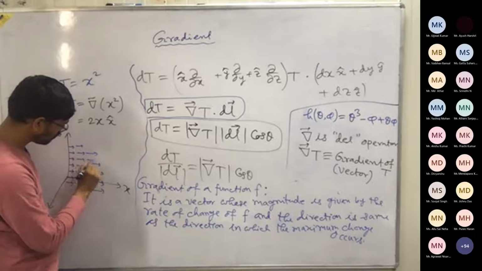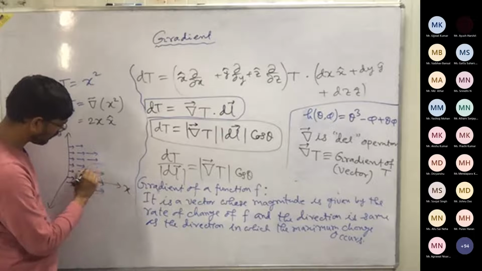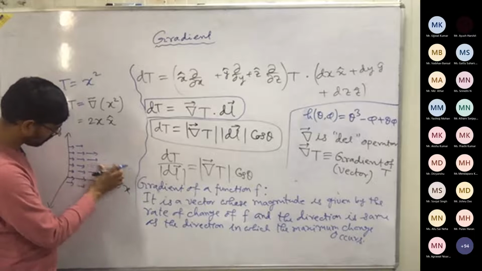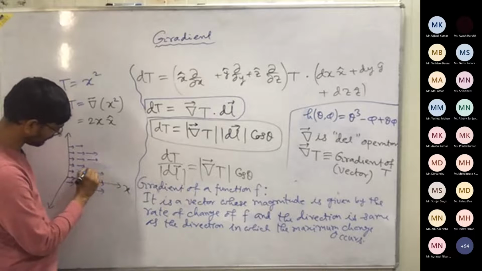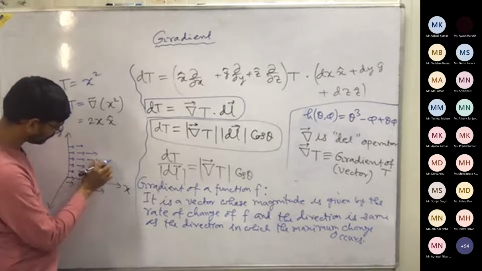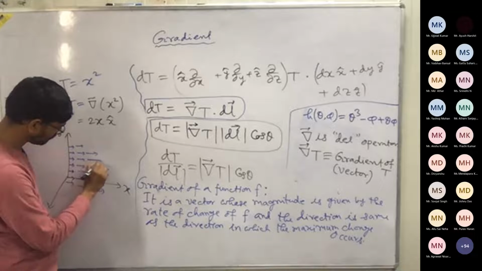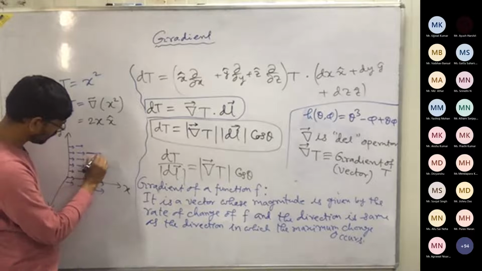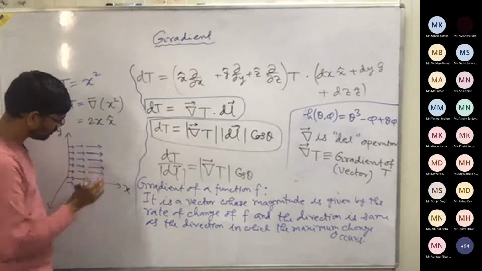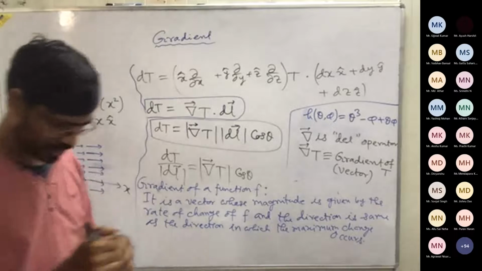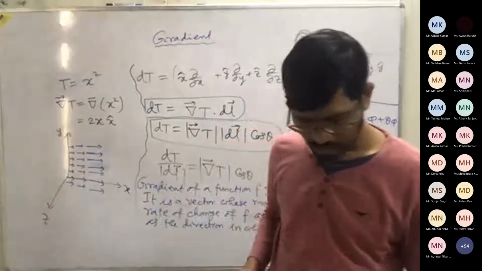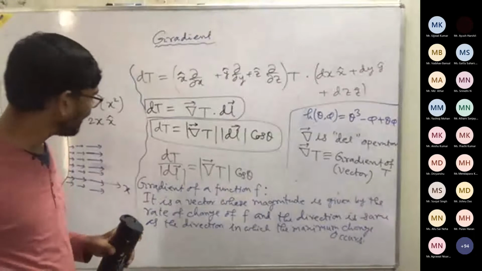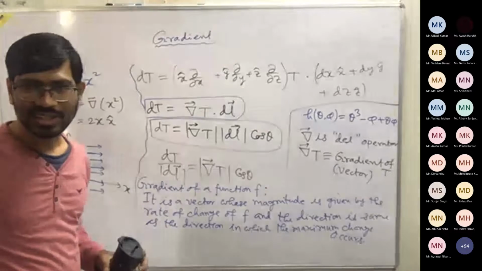Sir, how can a null vector have any direction? A null vector has a direction? That's a good point. It is just a point, or not even a point, it is nothing. But it can, I mean, it has a direction.